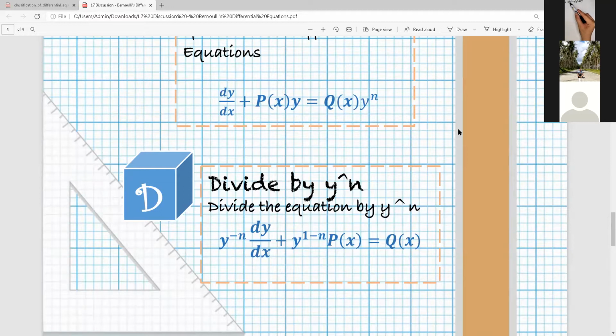Look, first we need dy over dx, and then we need one term with y raised to 1 and one with y raised to n.